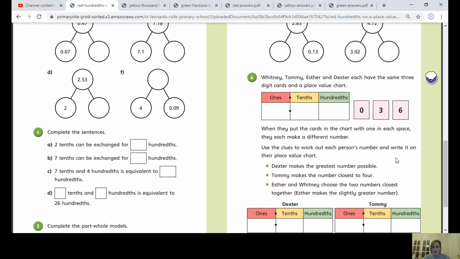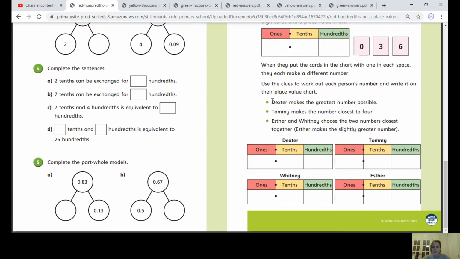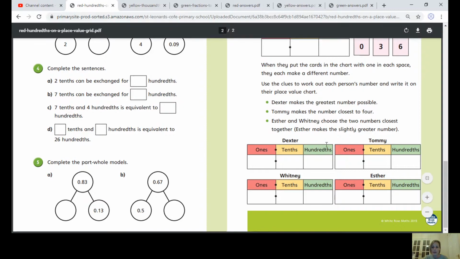And this last one, this problem solving question, you've got 0, 3 and 6, and you've basically got to have a look at the statements from Dexter, Tommy, Esther and Whitney, and you've got to use those cards to work out what decimal they're thinking of. So Dexter has got a decimal that's the greatest number possible from those digits there. Look where the decimal point is.